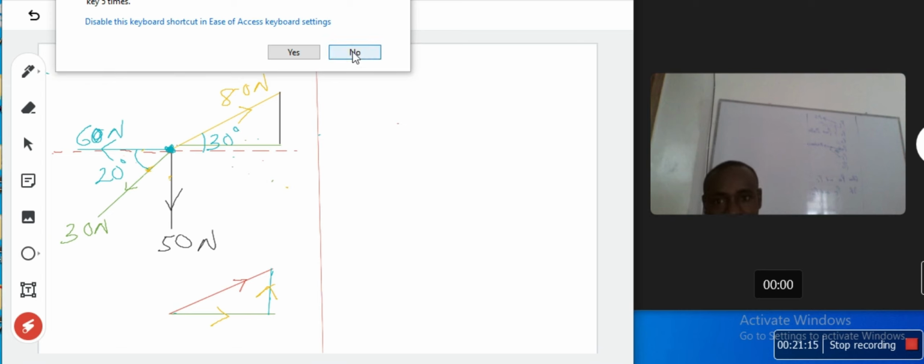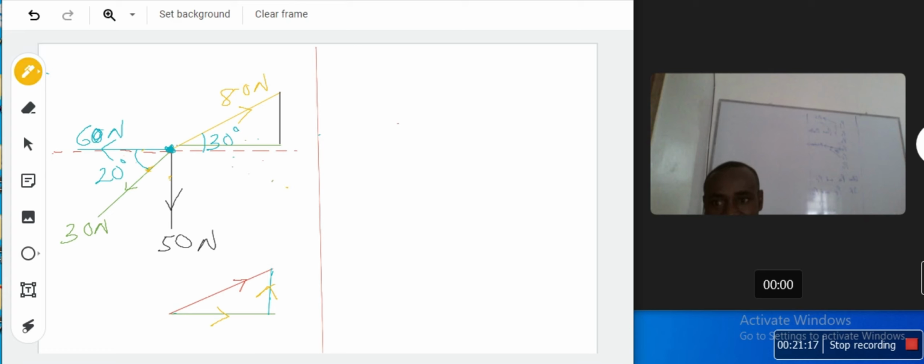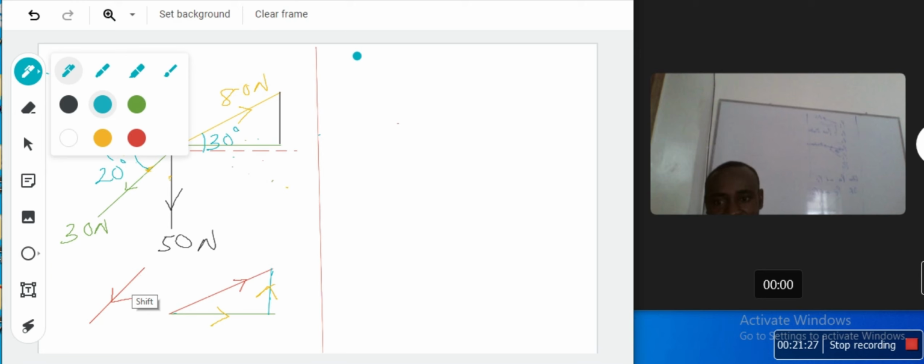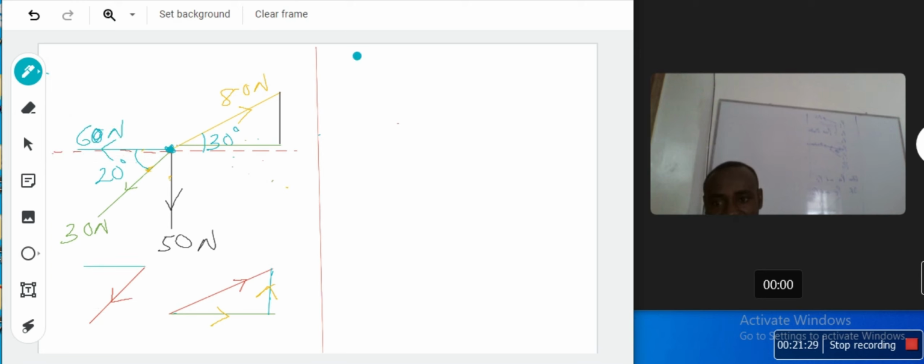Okay, so I will draw another one so that you draw the arrows, how the components will run. What I'm saying is actually very vital in the understanding of this. I've drawn another one, have you seen it? So I will draw the components. The components will also run in such a way that they will meet the main force we are splitting at its tip. So the arrows must come this way and this way.